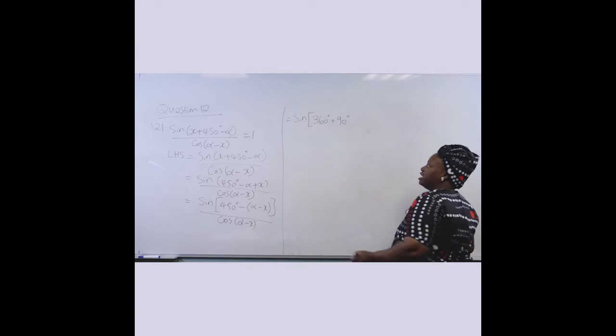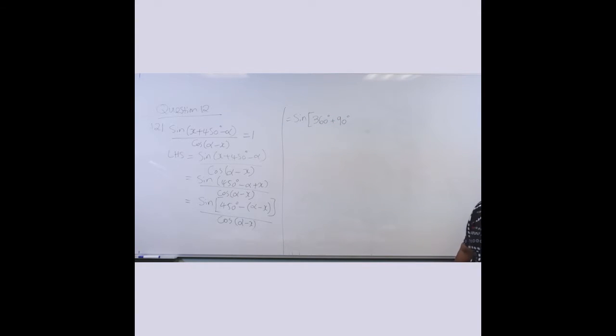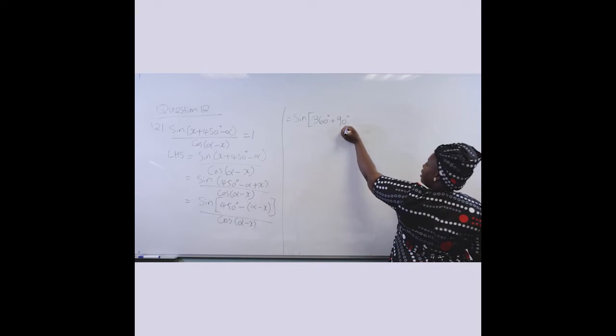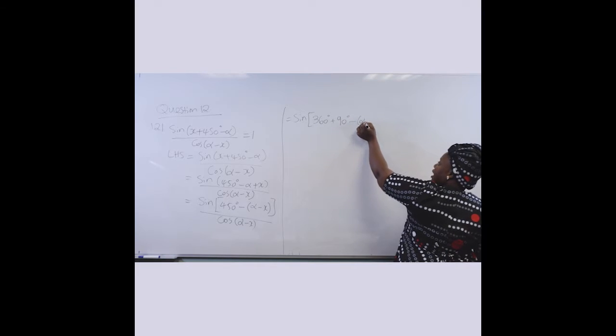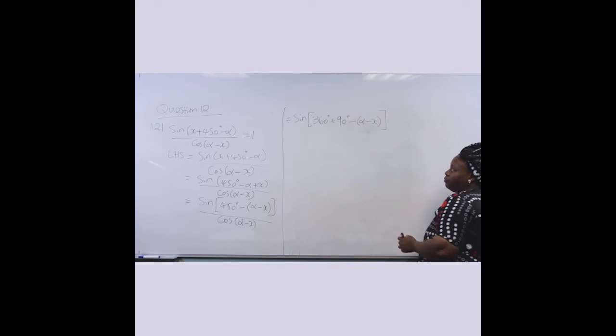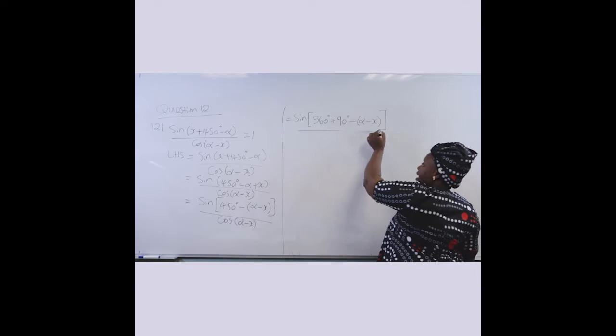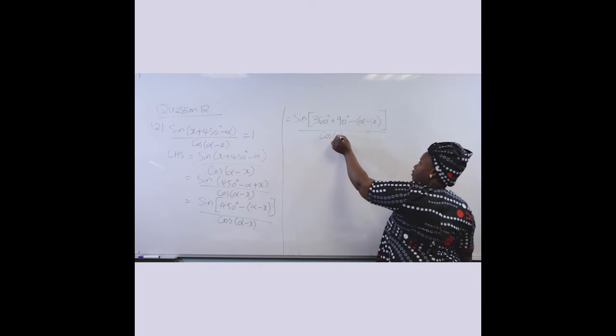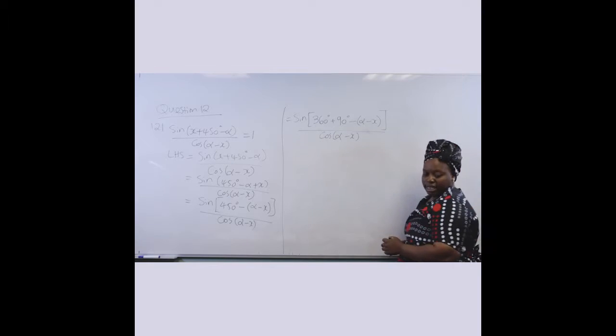If I say 360 plus 90, I will definitely get 450. But this 90 must have this angle alpha minus x on it. And we have to divide this by the cos of alpha minus x.